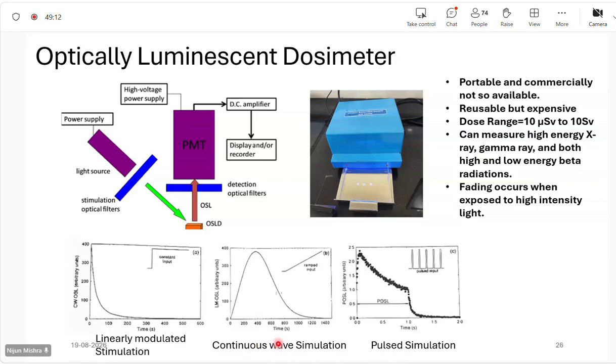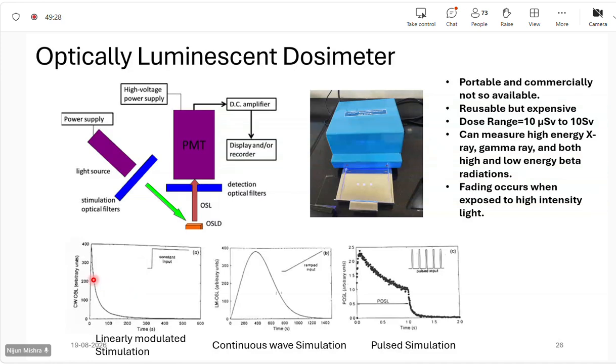This one is continuous wave stimulation, meaning the stimulation light intensity is fixed. If we set a higher intensity, it will initially release all the trapped electrons.